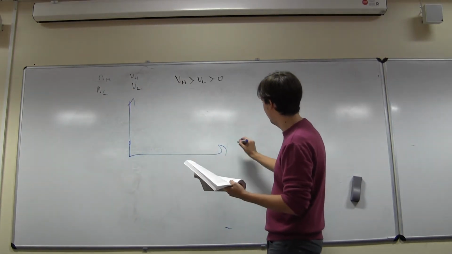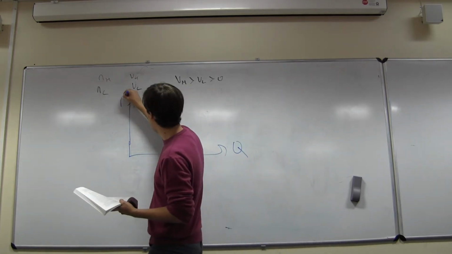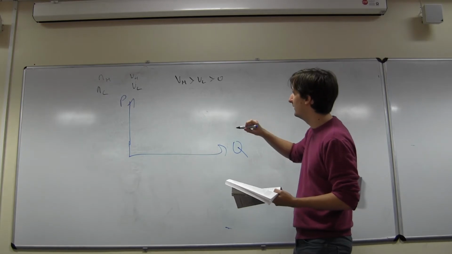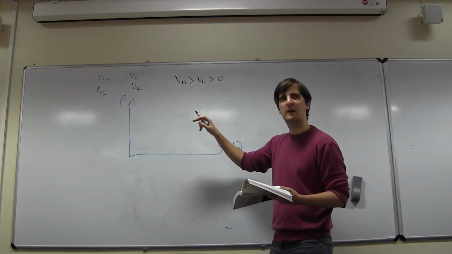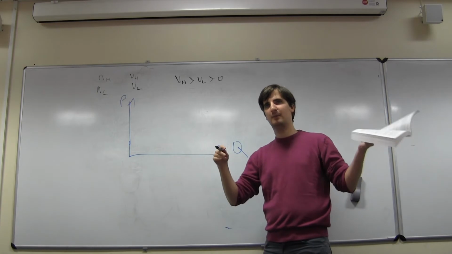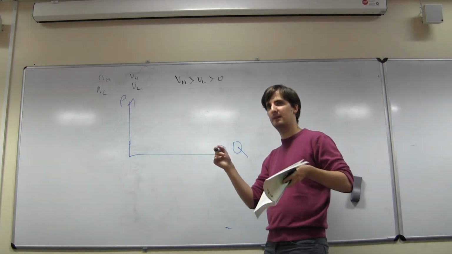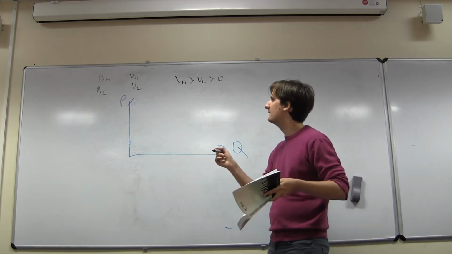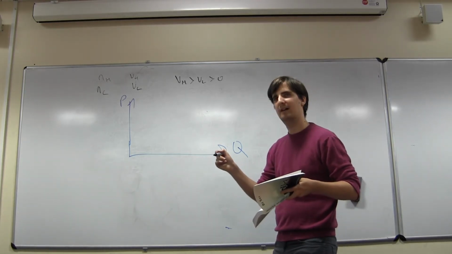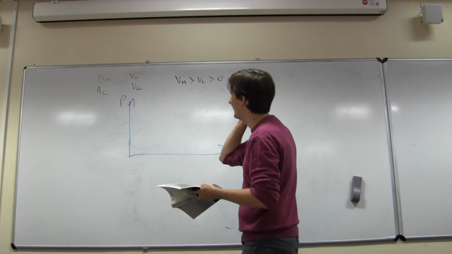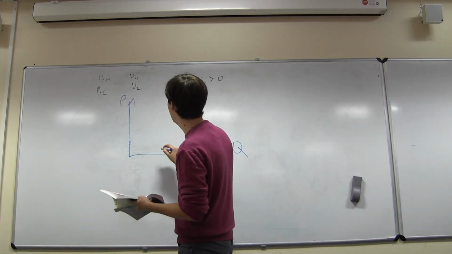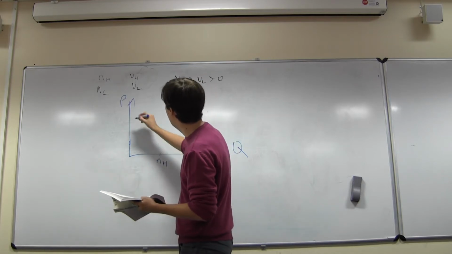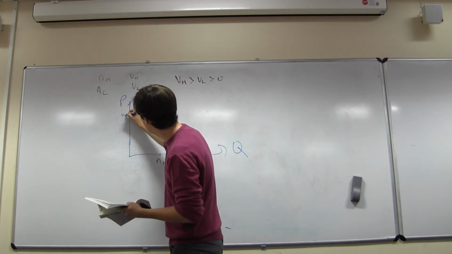Okay, so we've got quantity here, price here. Which square are we going to draw first, the high income consumers or the low income consumers? High, I prefer high. So we've got NH high income consumers, and they're prepared to pay up to VH.